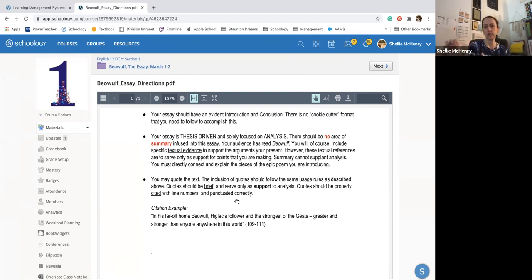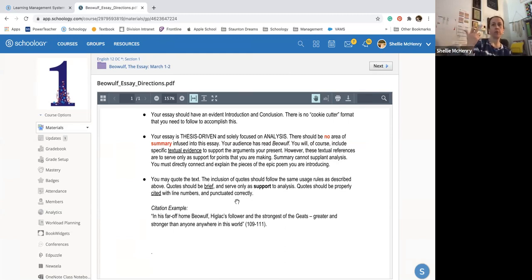To say there's no cookie cutter format is because you're talking about 3 battles, people often write what I call the cookie cutter 5-paragraph essay. And it goes introduction, battle 1, battle 2, battle 3, conclusion. The huge danger in doing that is it pushes you toward summary, that you just end up talking about what happened in the story, where it is a much stronger idea that here's your thesis and here are the 3 arguments or 4 or 5 arguments of how you're going to break it down to support that thesis.